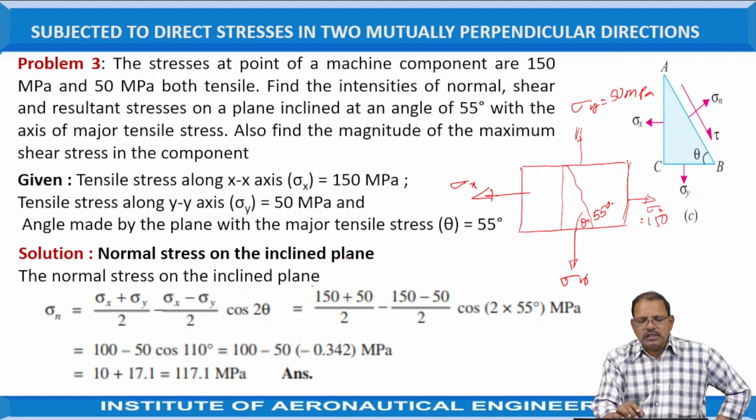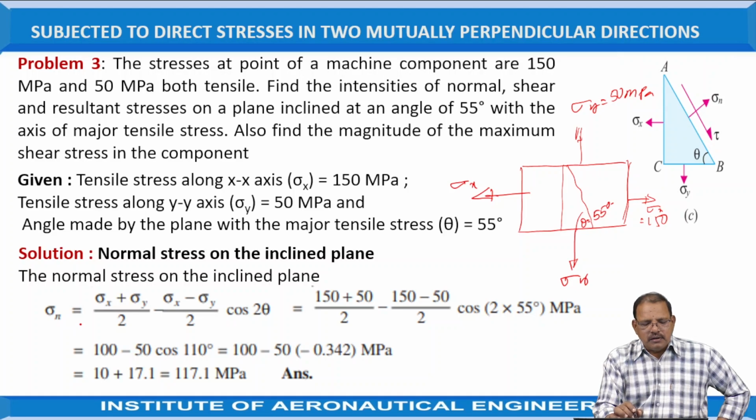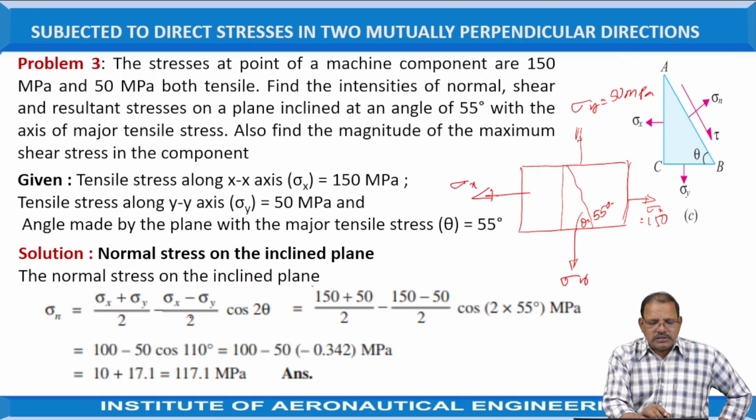The normal stress on the inclined plane is given by sigma n equal to (sigma x plus sigma y)/2 minus (sigma x minus sigma y)/2 into cos 2 theta. From this relation, (150 plus 50)/2 minus (150 minus 50)/2 into cos (2 into 55). 150 plus 50 is 200, divided by 2 is 100. 150 minus 50 is 100, divided by 2 is 50.